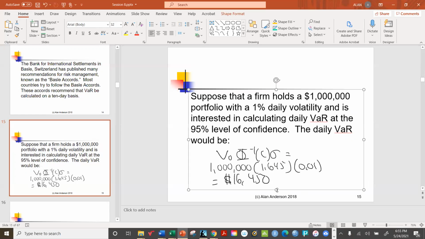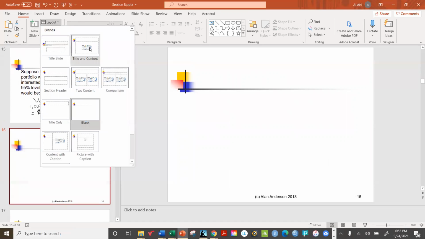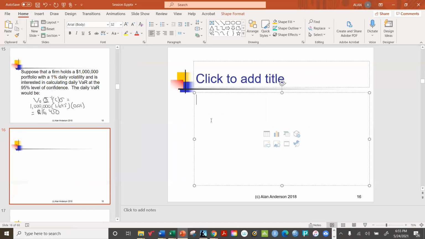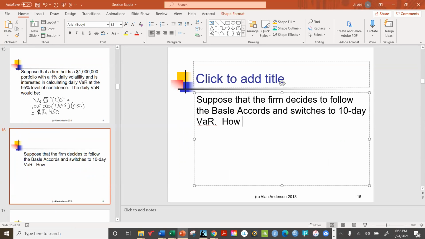Okay, now, suppose that this firm decides to follow the Basel Accords and switches to 10-day VAR. How would the results be different?